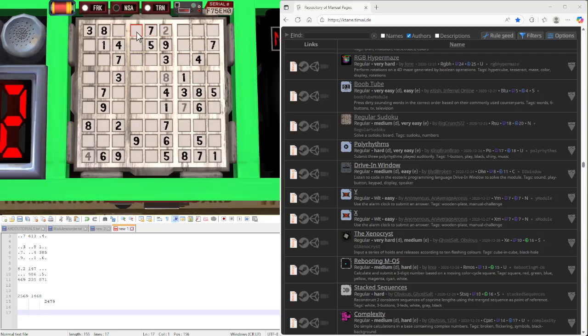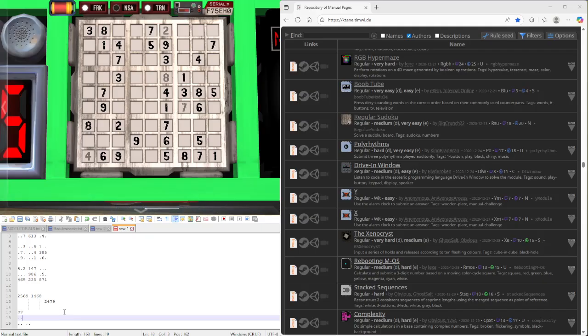Up here. This one can be 4. See, that can be any of them. 1, 4, 6, 8. 3, 6, or 8. 1, 4, 6, 8.